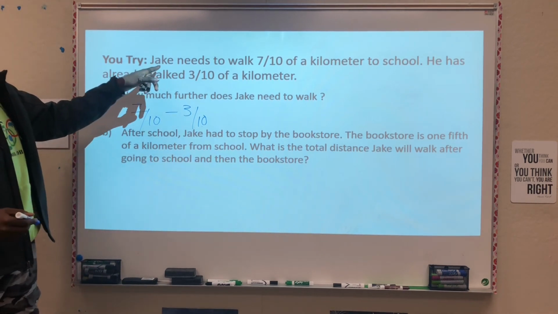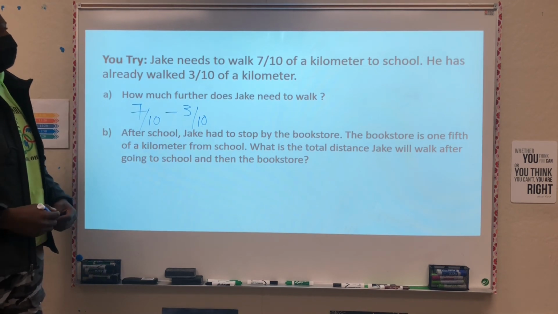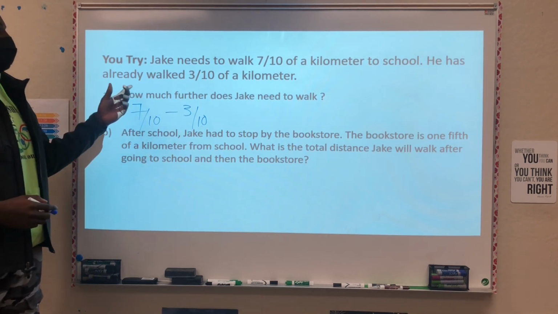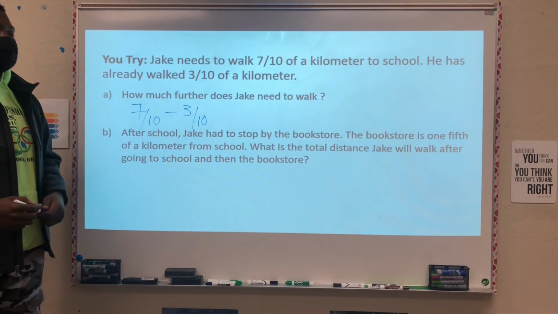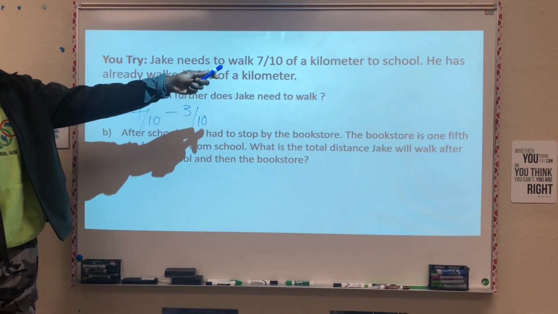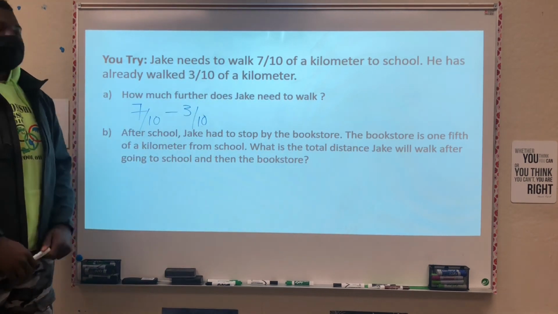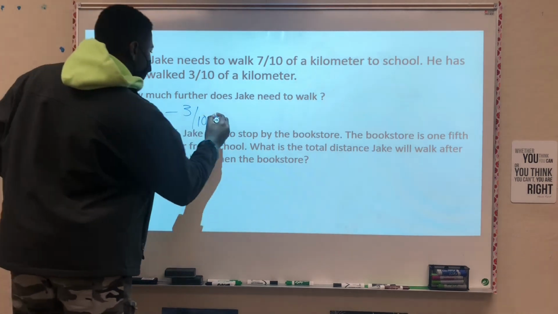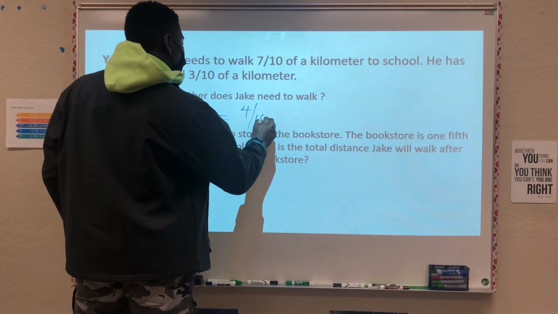When you say James needs to walk 7/10 of a kilometer to school, he has already walked 3/10 of a kilometer. How much further does he need to walk? So you're going to subtract this from this. Love it.